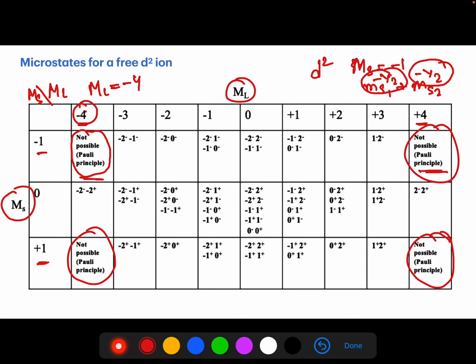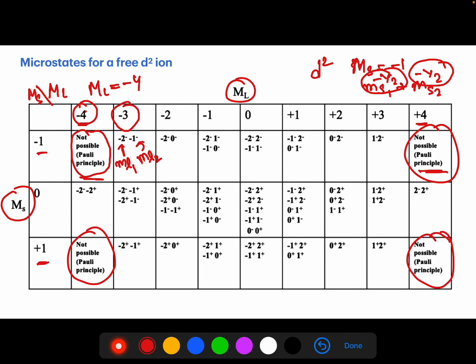And for the other space, for example, here ml1 is for example 2, and my ml2 is minus 1 here. So the summation is 2 plus minus 1, giving me 1, and with the spin of minus half each, so that they follow Pauli's principle, the number of microstates is actually 1.